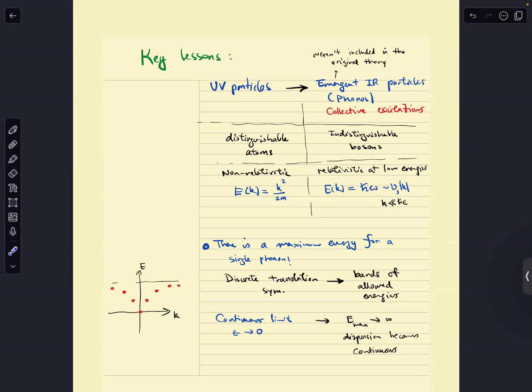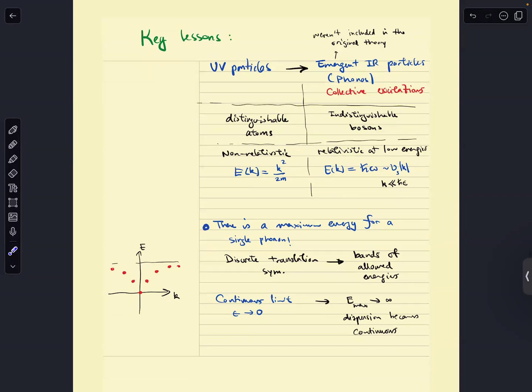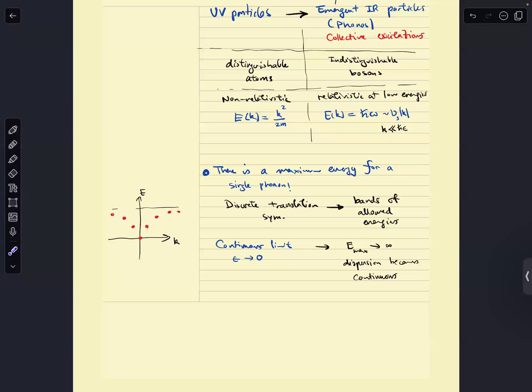Okay. There are a couple of things that are interesting about this dispersion relation. First is that there's a maximum energy for a single phonon. I also invite you to think about the discrete translation symmetry and how it's related to bands of allowed energy. These are words you might have already seen in quantum mechanics, or if you've taken any solid state physics, this should look familiar.